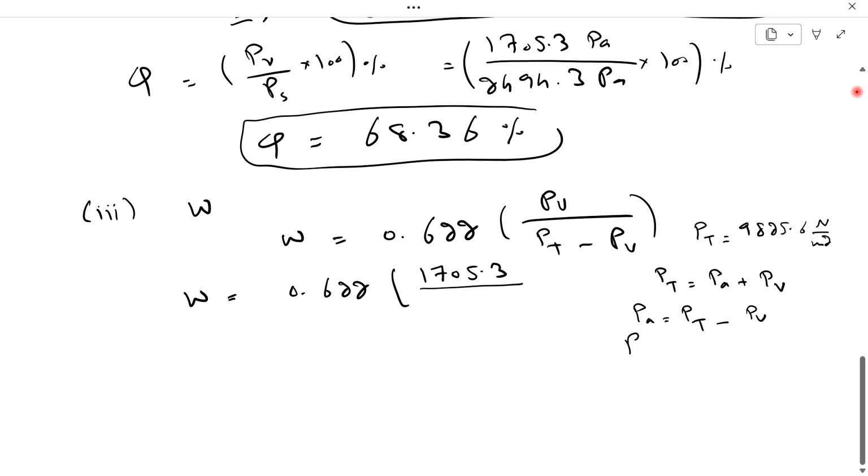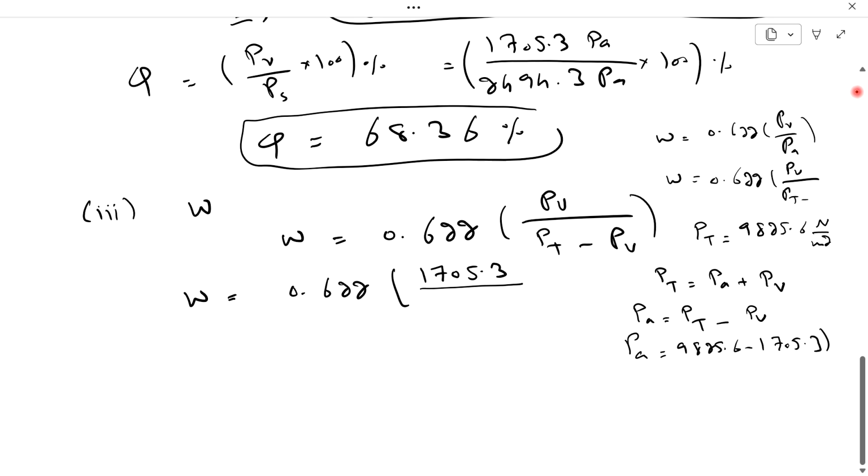So pressure of air will be equal to P total, 9825.6, minus pressure of vapor, 1705.3. So this is PT minus PV. Actually this formula is 0.622 into PV divided by PA, which is further equal to 0.622 pressure of water vapor divided by PT minus PV.